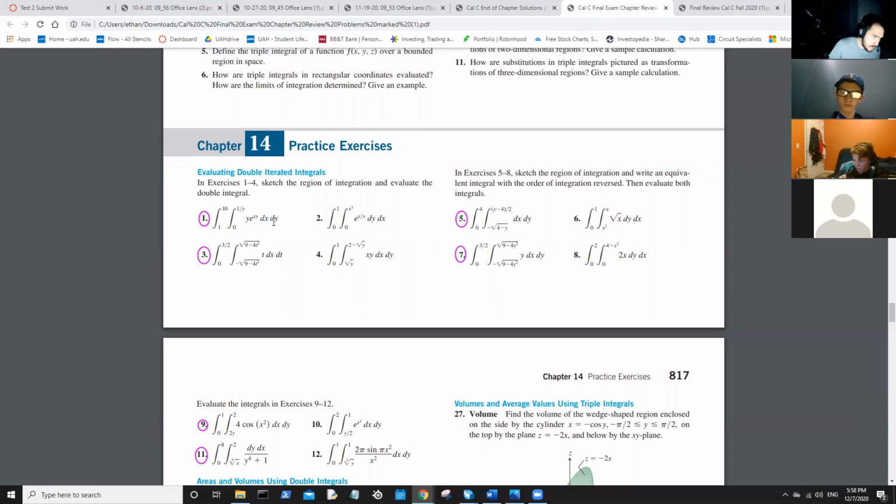And you got to pay attention: if this was dy dx, then the boundaries would be shifted, and you got to make sure you know that. Then the next thing it's asking is from 0 to 1 over y, which is... how do I forget what 1 over y looks like? It's a reciprocal function thing.